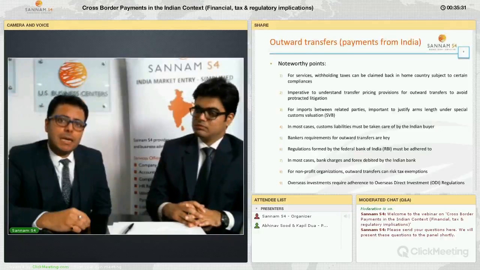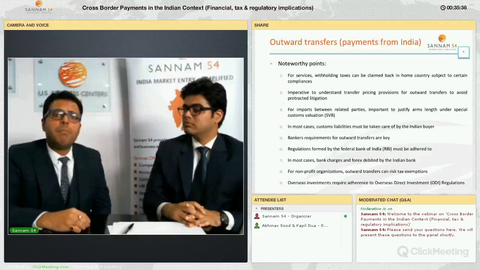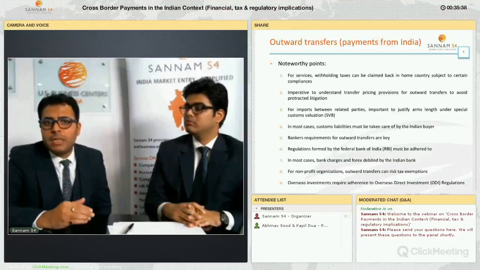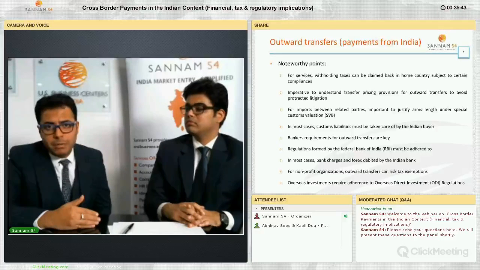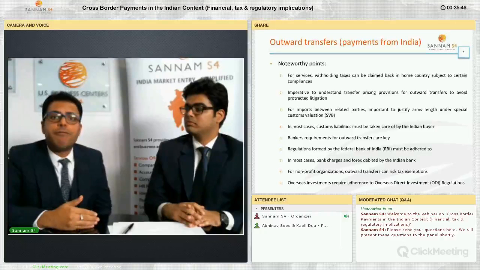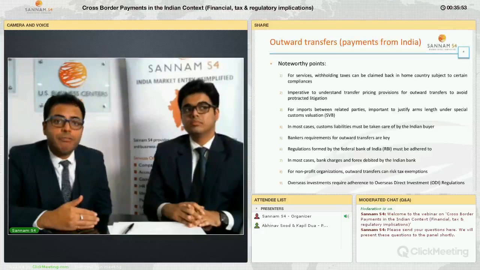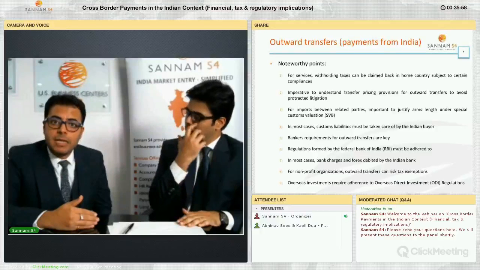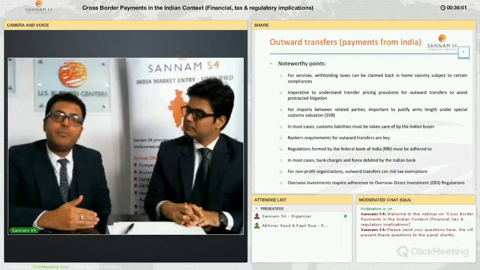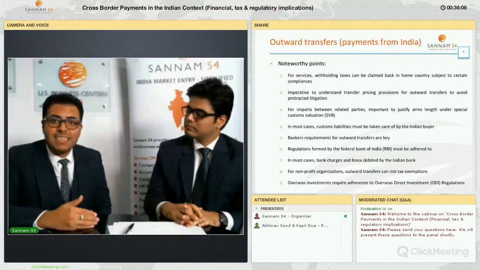Banking requirements, like I said previously also. Reserve Bank of India guidelines: when a payment is supposed to be made from India, the Indian company making the payment would need to go to their CPA, who will give the certificate under Form 15 CA and CB, which talks about whose payment is going where, why the money is going, how much tax, if applicable, has been deducted, whether it has been deducted and paid on time or not, and the certificates of those tax payments.